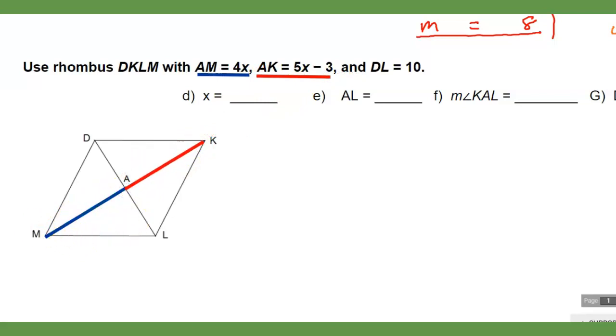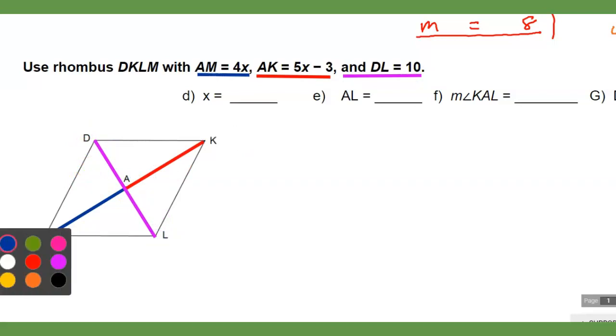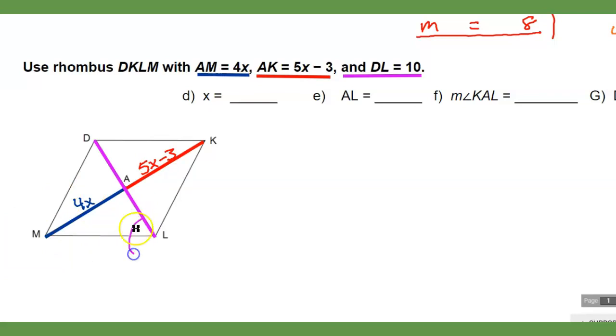Then we have DL, which is 10. No, that's 4x. That's 5x. Was it minus 3? And right here, that's 10. There we go. All right.